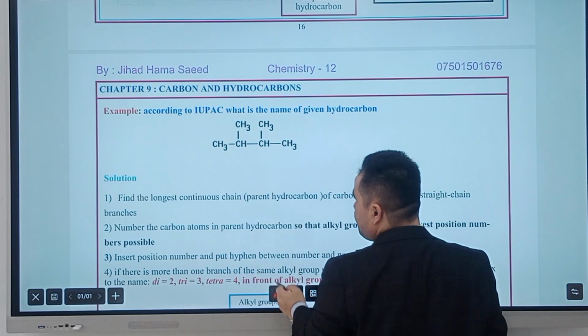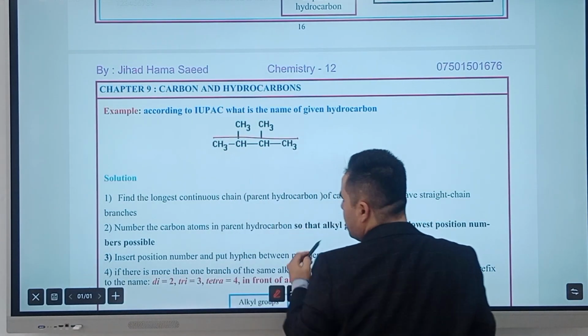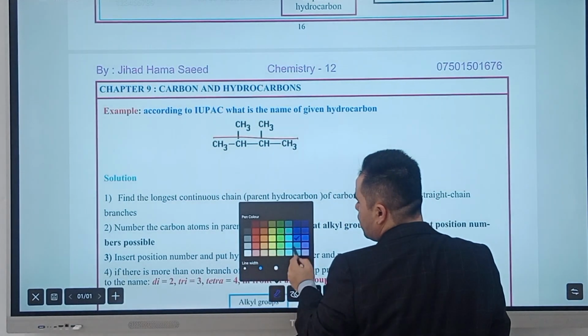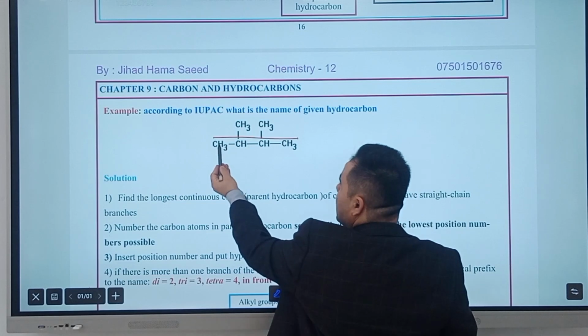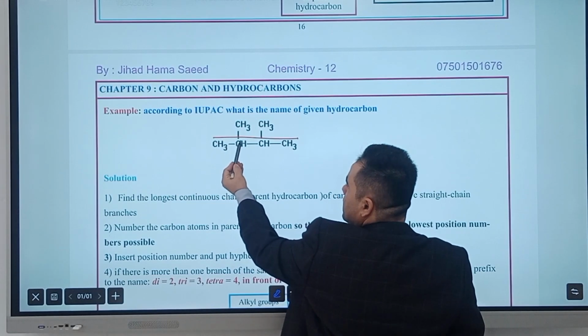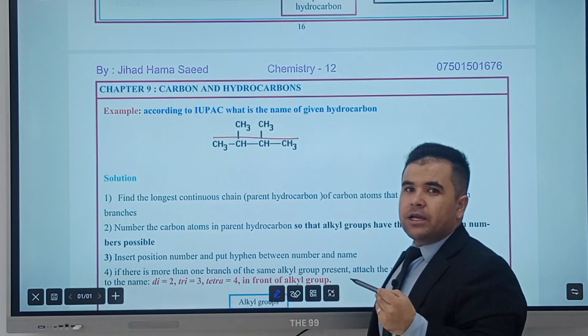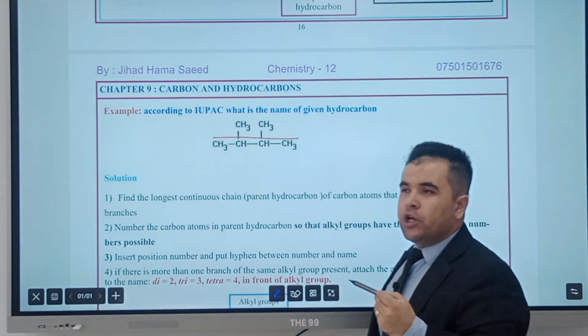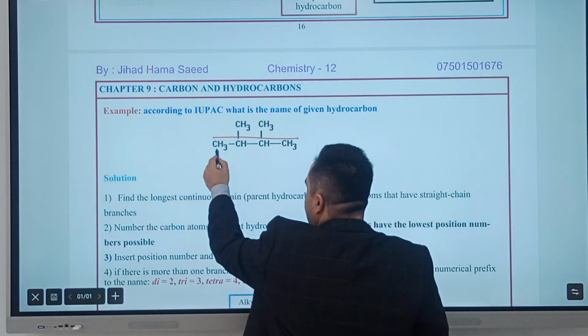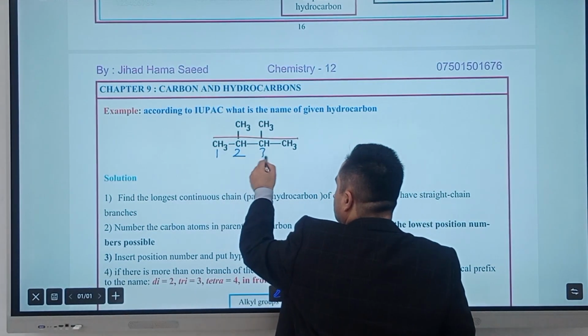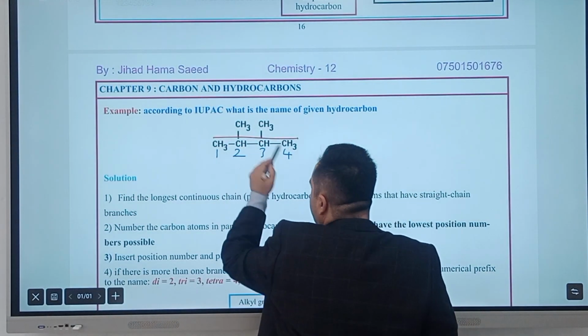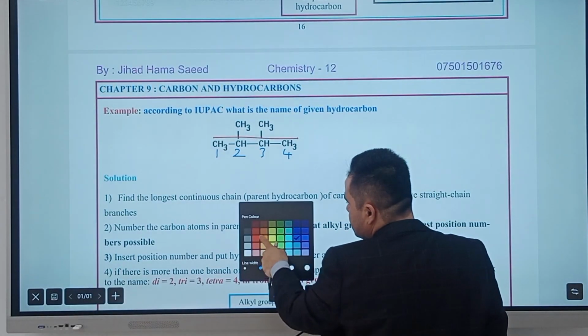Let us take this as the longest continuous chain, and then from this end, the second carbon has a branch. From that end, the second also has a branch. In this case, it's up to you from which end you position the numbers of the carbon. 1, 2, 3, 4, or 1, 2, 3, 4 gives the same name.